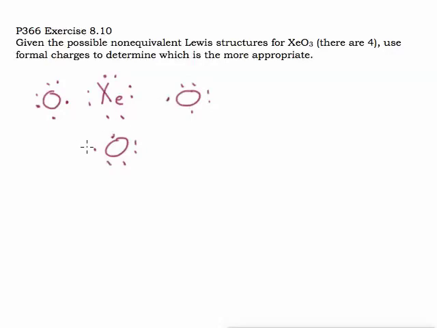Those scooch over. Now we get xenon single bonded with 3 oxygen atoms. And let's come up with all 4 structures before we do formal charge.